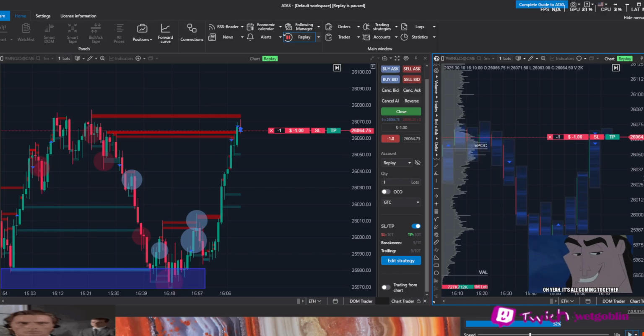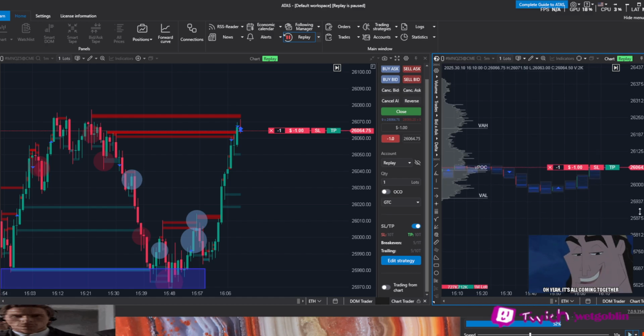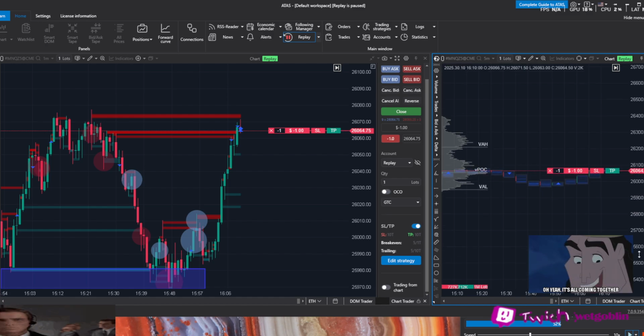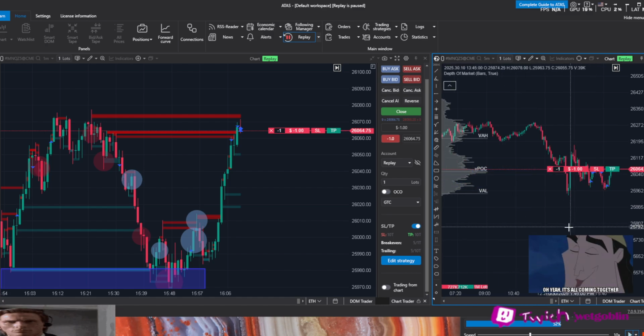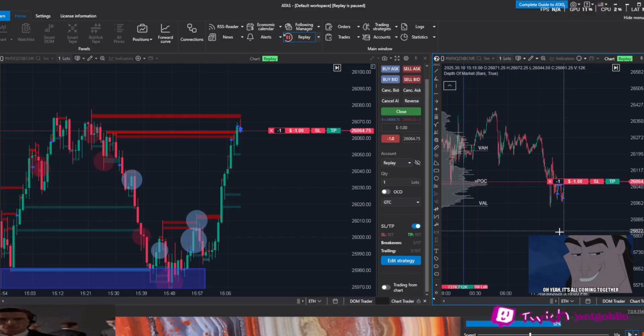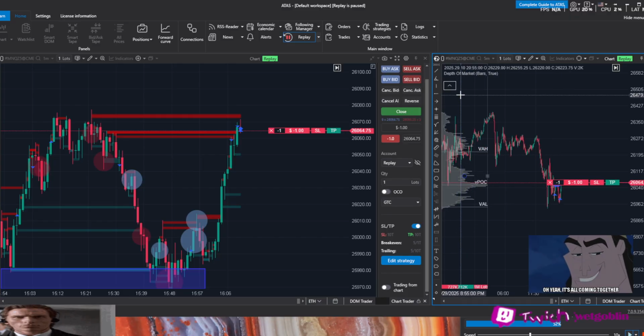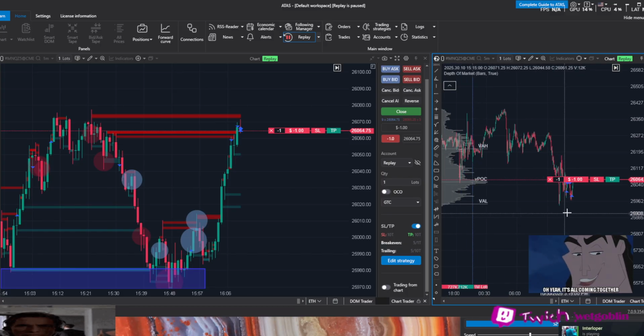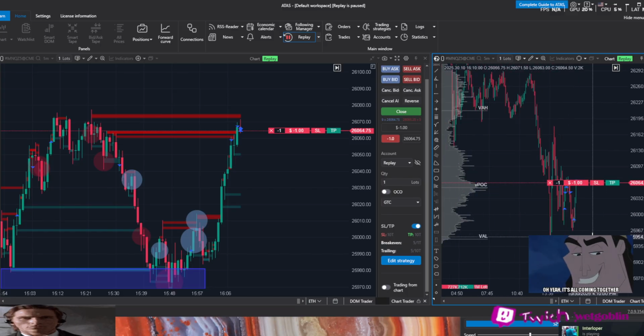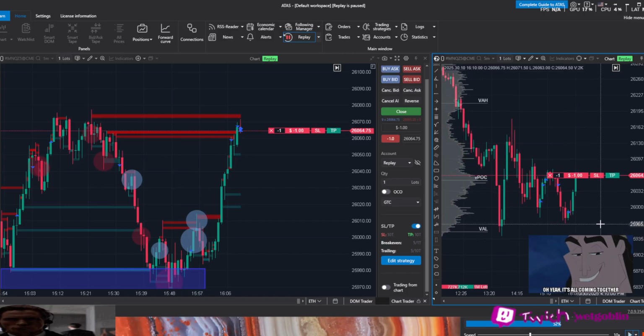In terms of actually what's going on with the volume profile, we're building volume way down here for the day. Just building more and more volume and lower. So that's bearish, I would say.